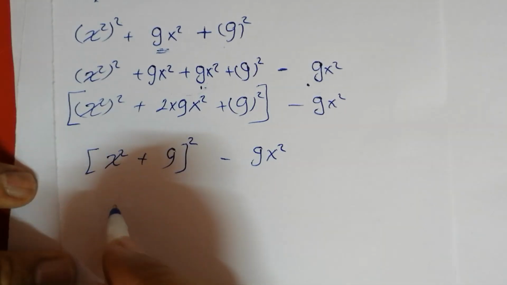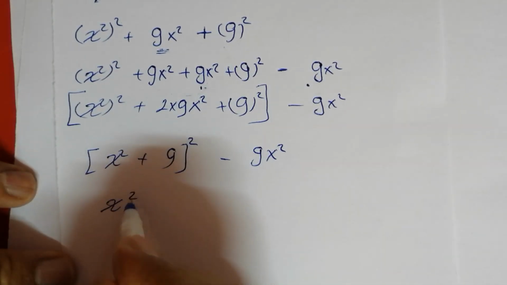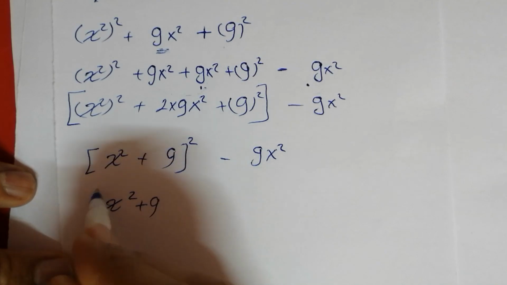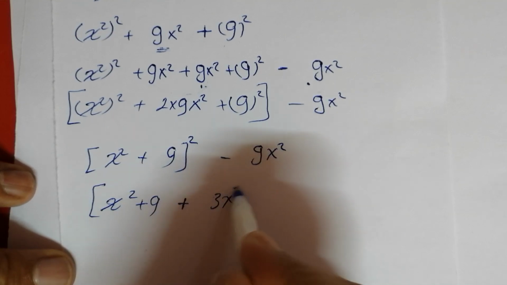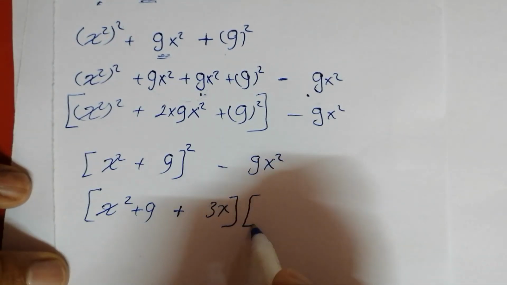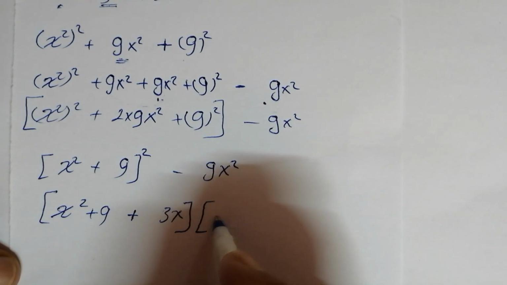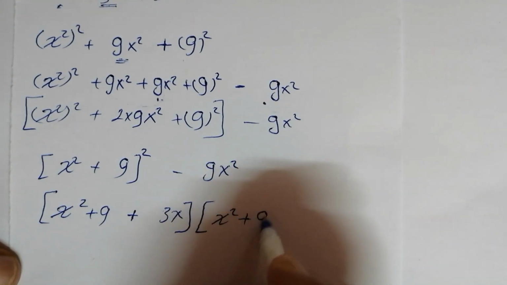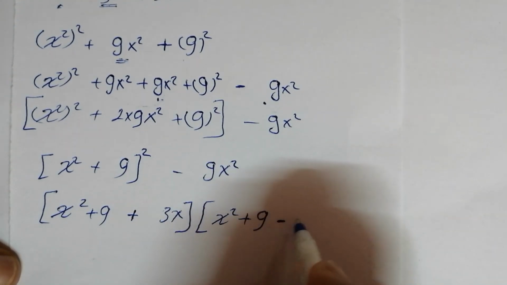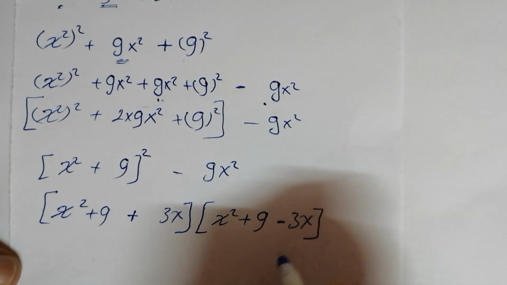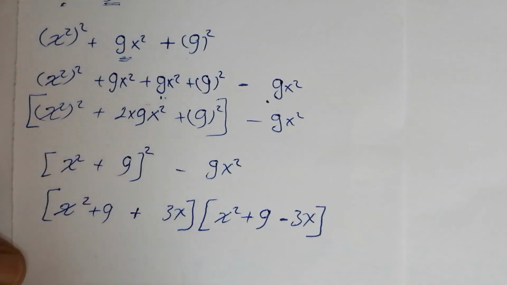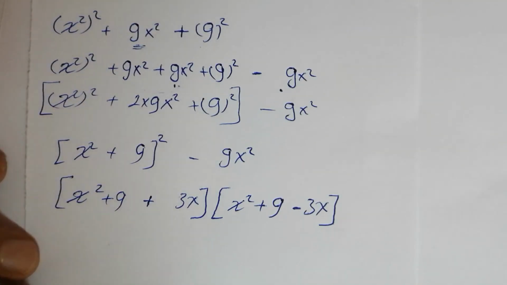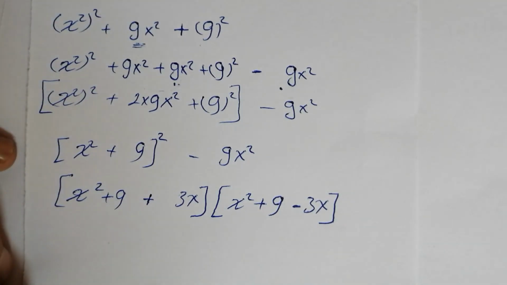So x power 2 plus 9 minus 3x, and x power 2 plus 9 plus 3x. That's very good. And that's the end of our factorization of number D.